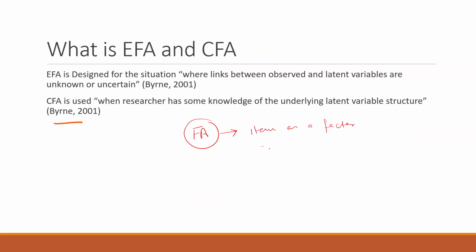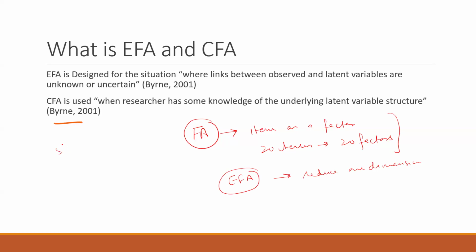So suppose if there are 20 items, that would be considered as 20 factors. Because why do we do EFA? We do EFA to reduce our dimensions. It is a dimension reduction technique. If you even look at the SPSS, it is written dimension reduction.